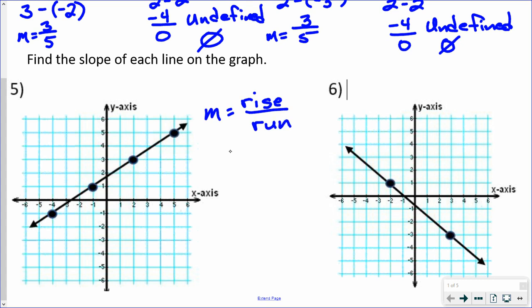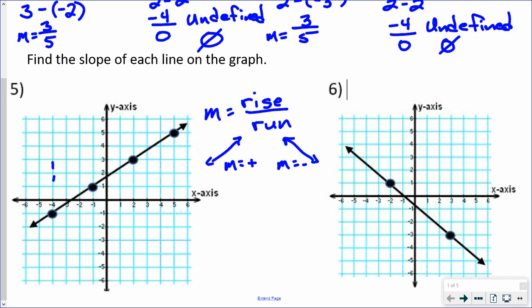The other thing we're going to use is that for a line leaning to the right, m is positive, and for a line leaning to the left, m is negative. All right?